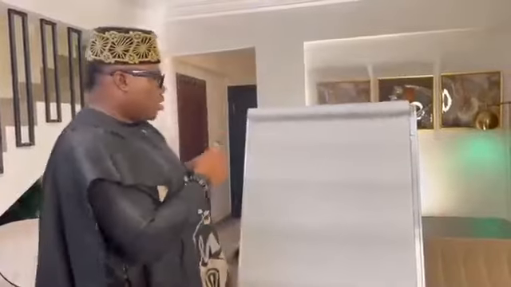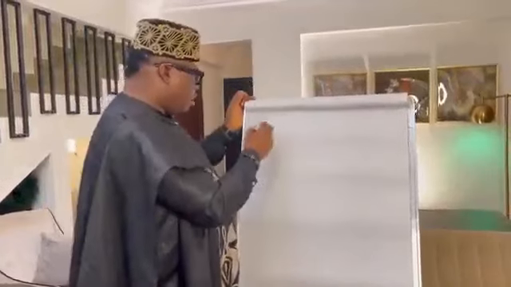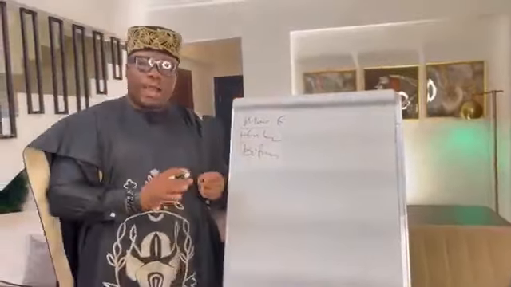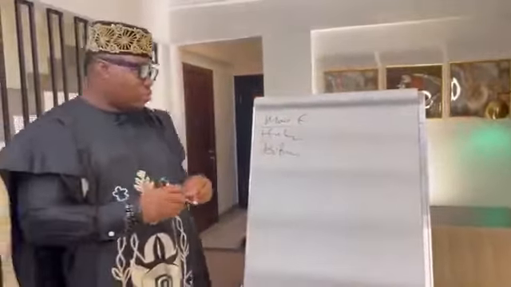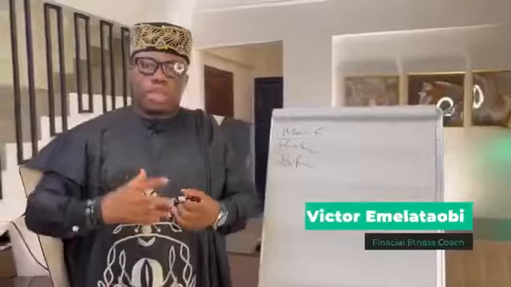Beyond that, as I speak to you, if you go right now, their token has been listed on Mexi Exchange. They are listed on Mexi, they are listed on Hotcoin, they are listed on Bit Finance. They are listed on about 5 different exchanges, and most importantly, you'll find them on CoinMarketCap. And their token is doing amazingly well.